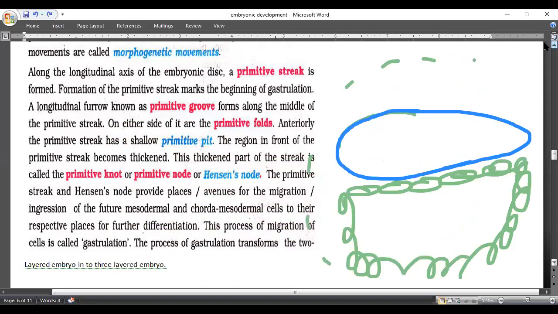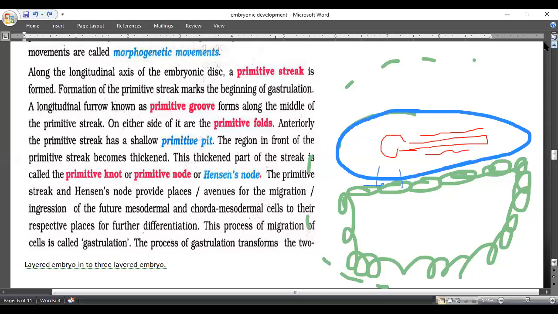Imagine the trophoblast as well. Then the primitive streak, primitive knot, and the primitive folds as well.